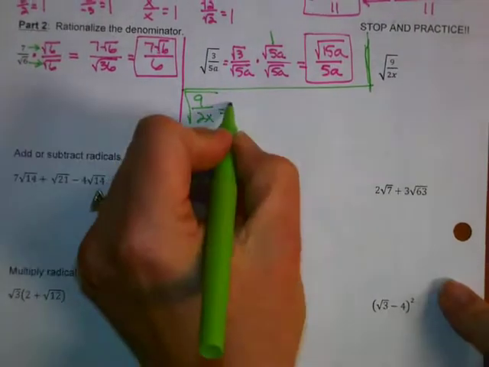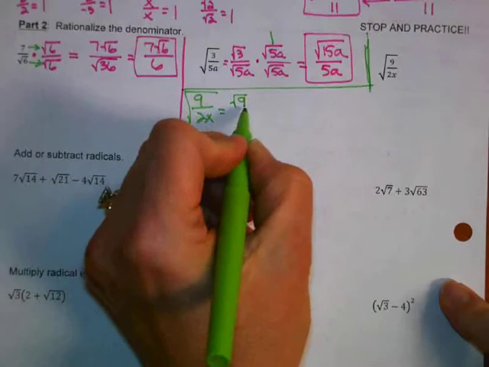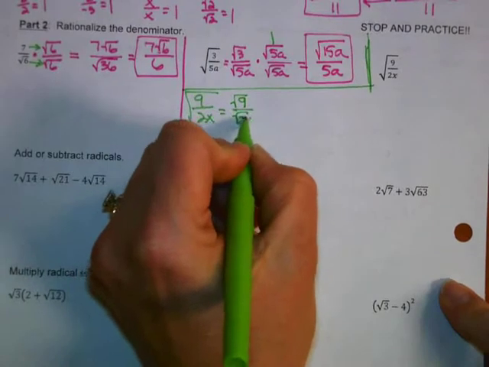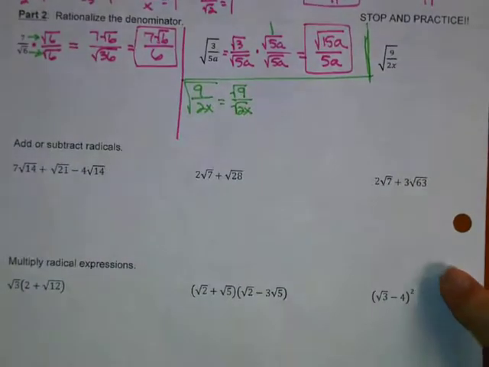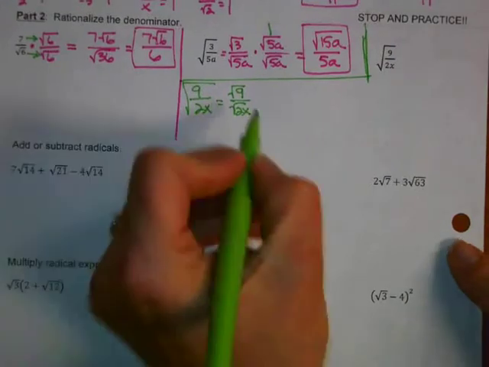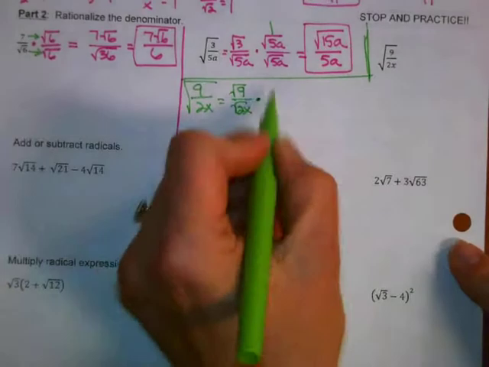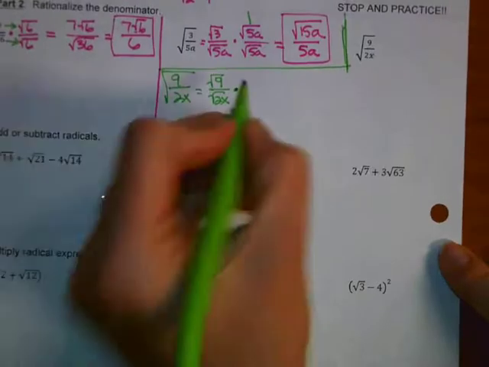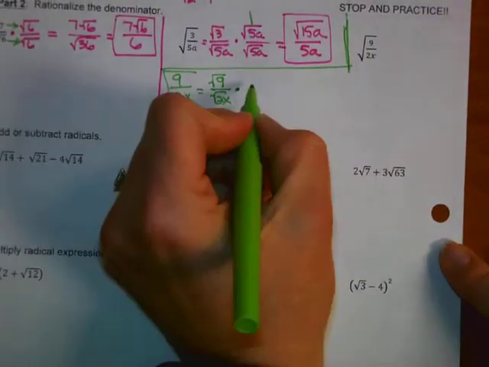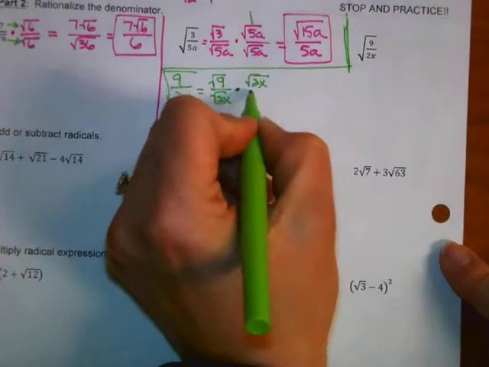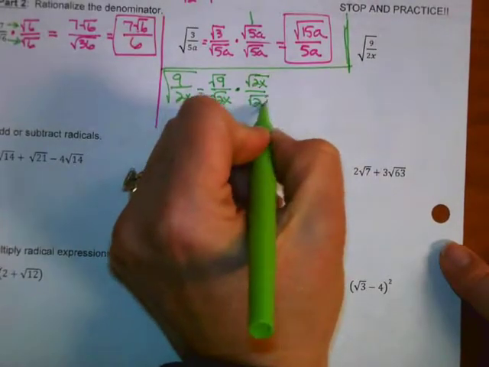So I'm going to write it as the square root of 9 over the square root of 2x. Now my goal is to get rid of that radical in the denominator, which means I'm going to multiply this by a fraction of what? Yes, the square root of 2x over the square root of 2x.